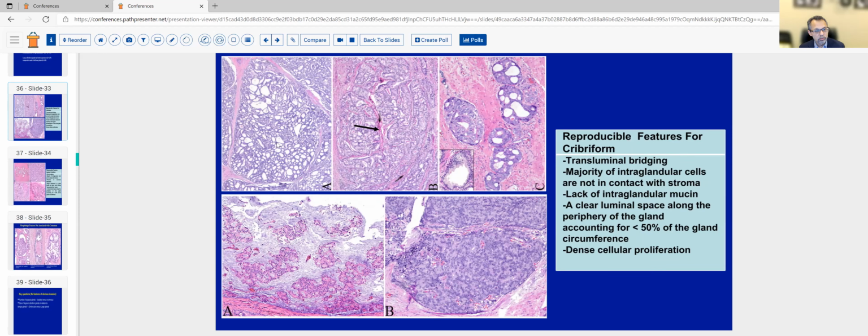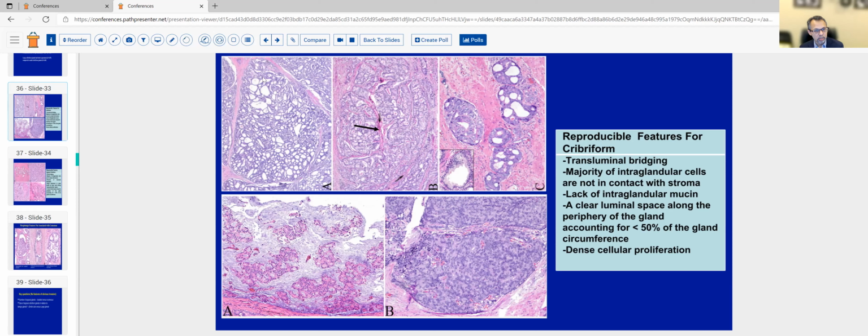Next, we looked at the consensus diagnosis, which was for cribriform or against cribriform prostate cancer, and then correlated it with 11 morphological features. Interestingly, we could observe that there are certain morphological features that are highly reproducible for cribriform prostate cancer, which includes transluminal bridging. What I mean by transluminal bridging is that the proliferation is end to end.